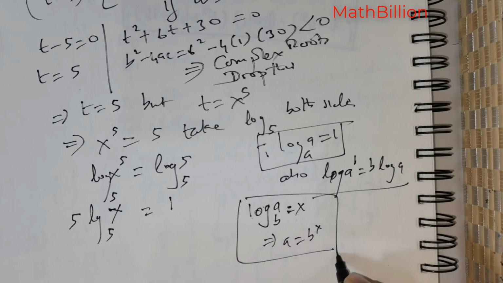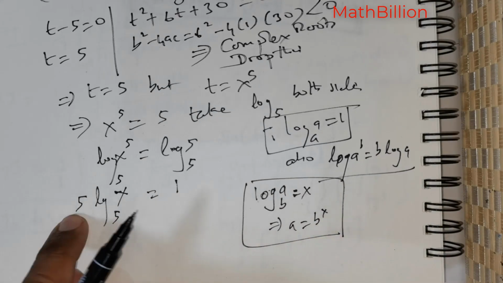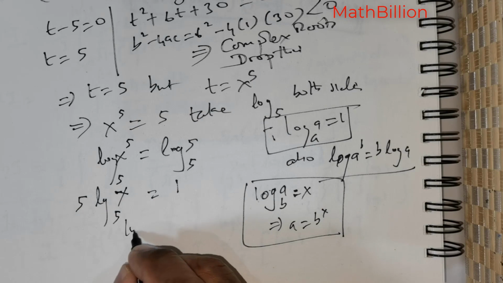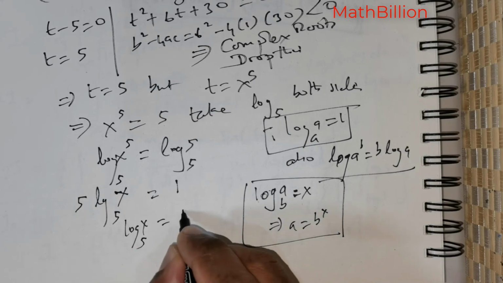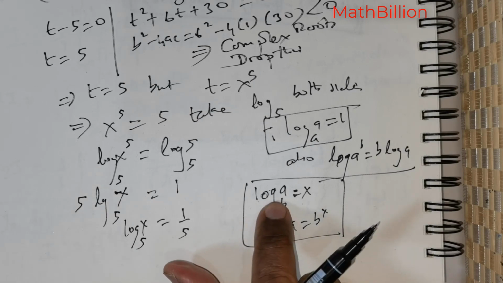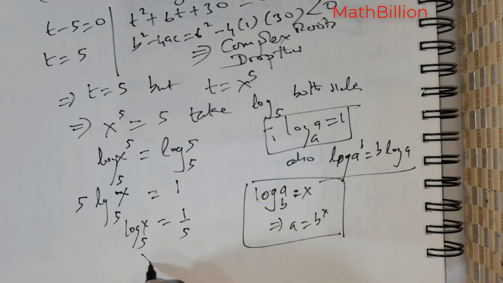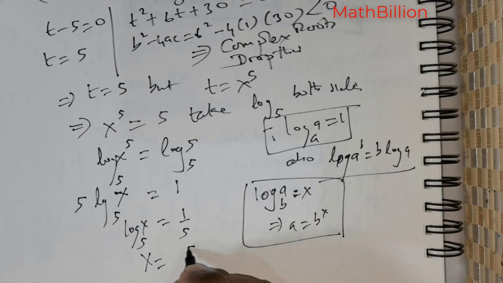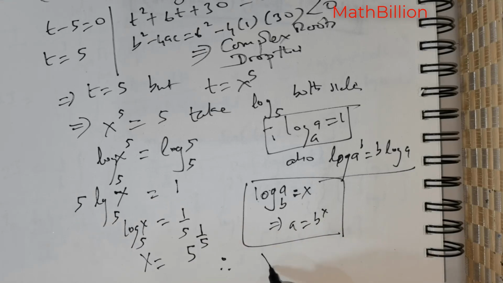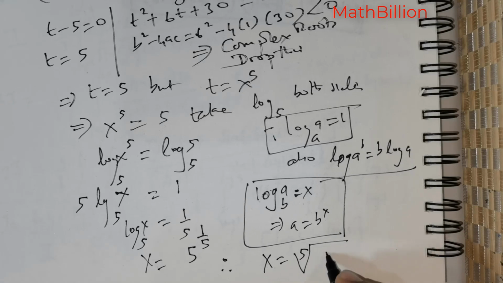So I would be utilizing this formula. Now for that you move 5 to the right, so this would mean you have log x to the base 5 is equal to 1/5. So utilizing this formula, x is equal to 5^(1/5), which can be rewritten as x is equal to 5th root of 5.